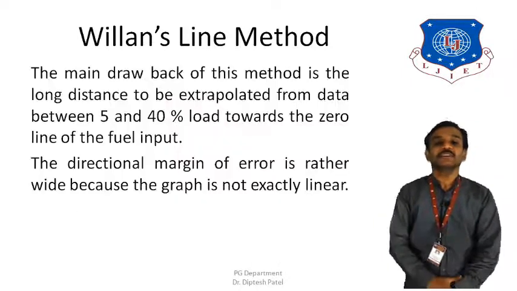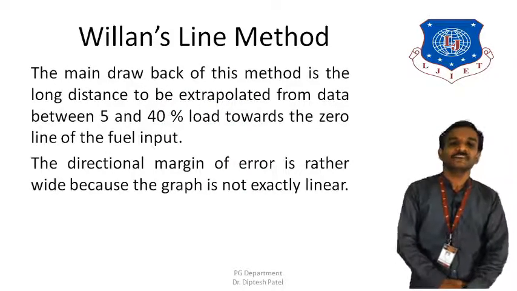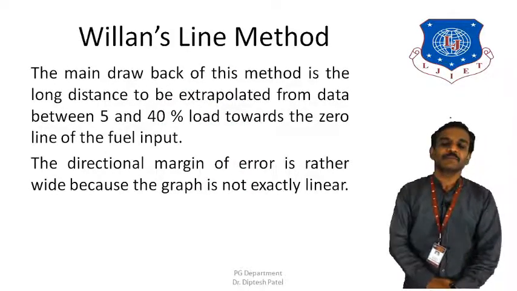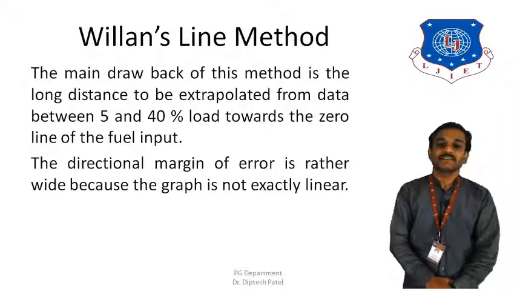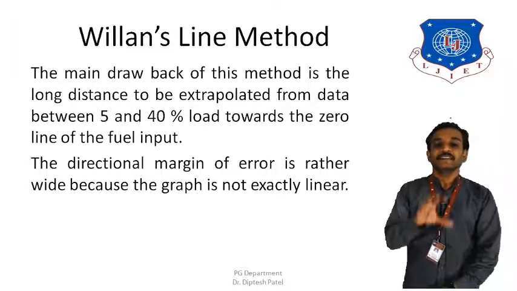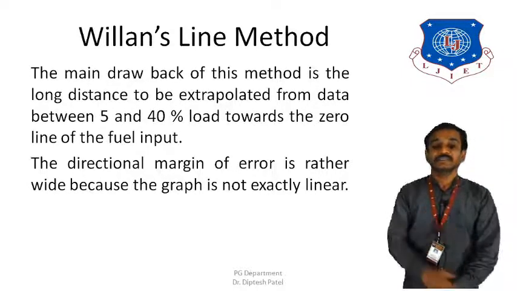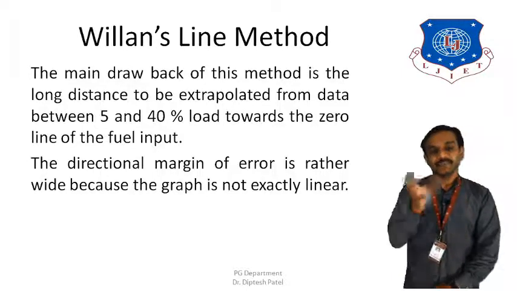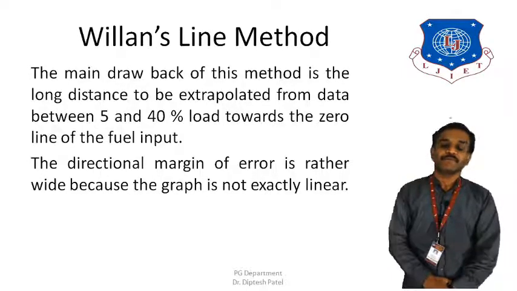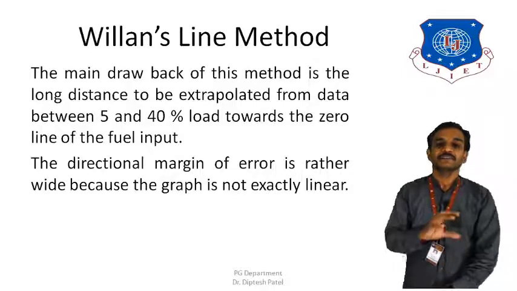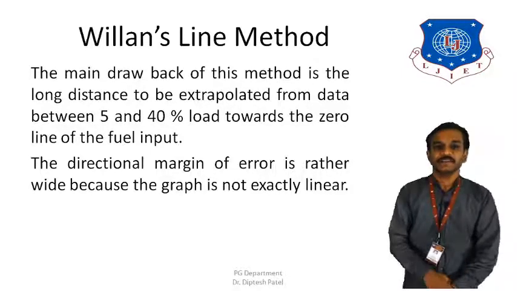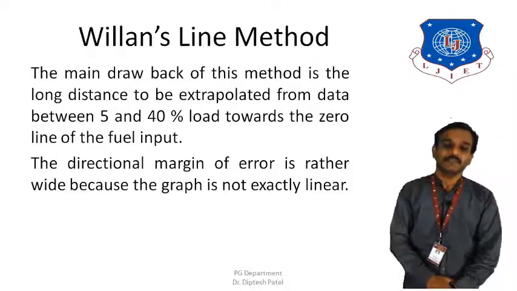The Williams line method is also easy, but there are certain drawbacks. The main drawback is that the data has to be extrapolated over a long distance, from data in between, let's say 5 to 40% toward the zero line of the fuel input. That is not practical for longer distances.